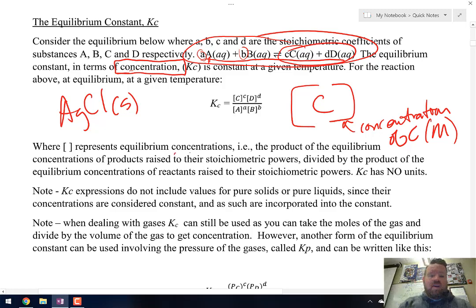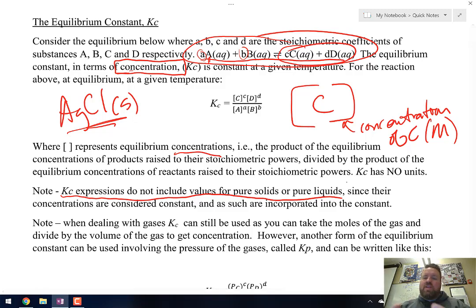And I say, what's the concentration of the silver chloride? Well, it's the moles of silver chloride dissolved in the solution, but wait, it's not dissolved in the solution. So what's the concentration? It doesn't really have a concentration associated with it. And so that means Kc expressions do not include values for pure solids or pure liquids.